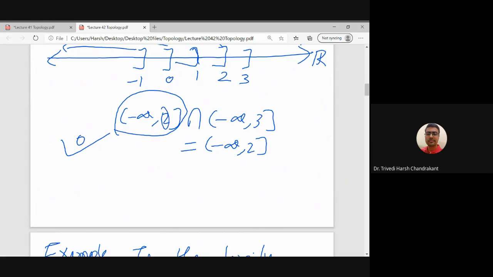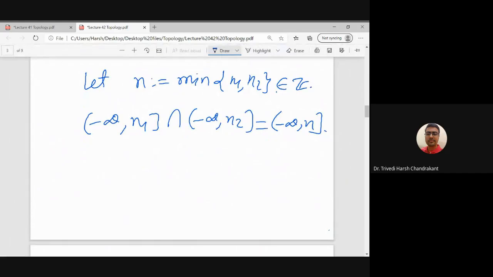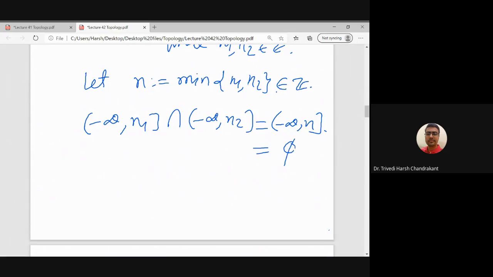The minimum of these two numbers will come in the intersection. Since this works, we know that this is a non-empty set, because it contains all the elements n, n minus 1, n minus 2, and so on, along with many other points. So this set is non-empty.